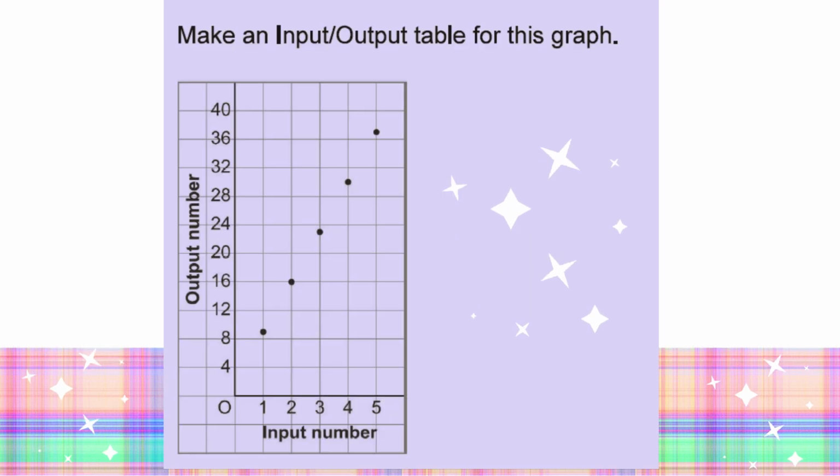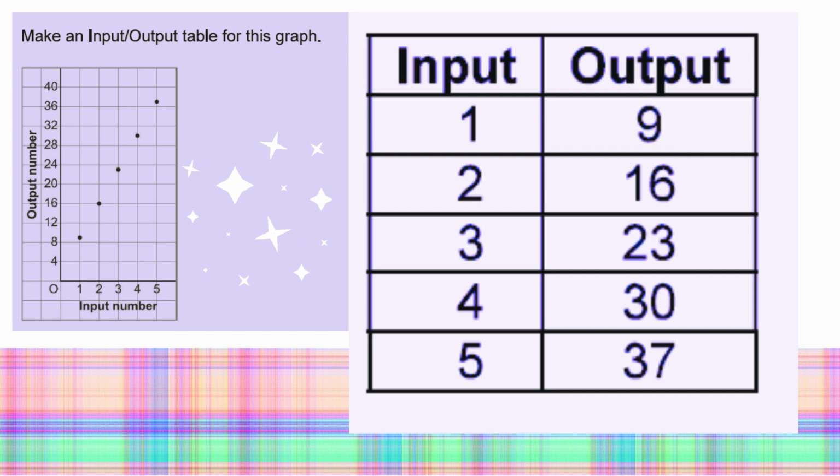There are times that you will come across a problem where you start with a graph and you need to create an input-output table. So in this case, remember, the x-axis is labeled input number and the y-axis is labeled output number. Our plotted points in this case are 1 and 9, 2 and 16, 3 and 23, and 4 and 30.